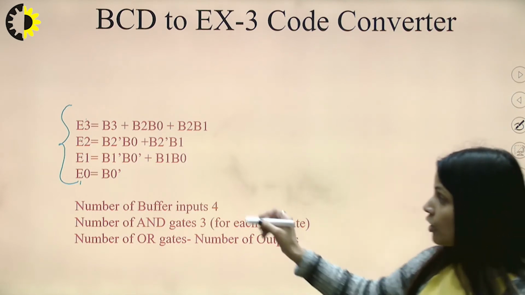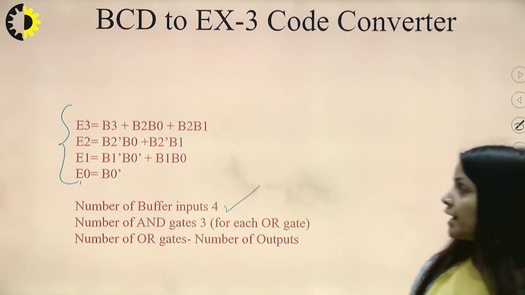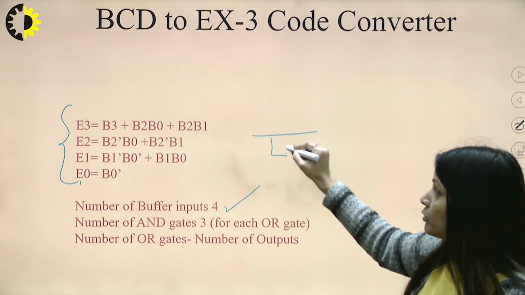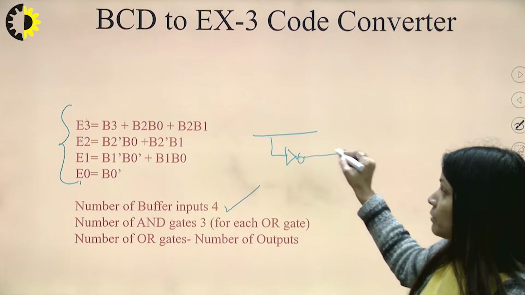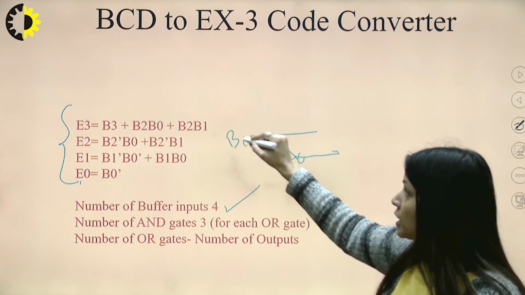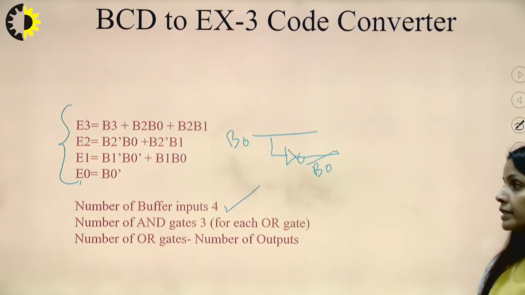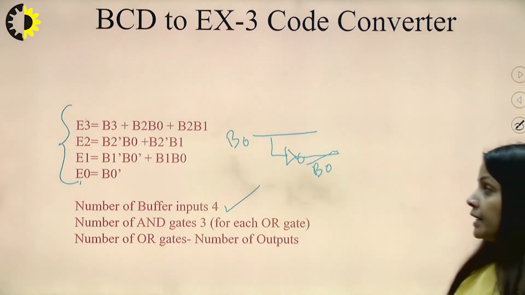As I told you, this will be a buffer input. If I give B0 here, then it will be giving B0. Okay, like this.